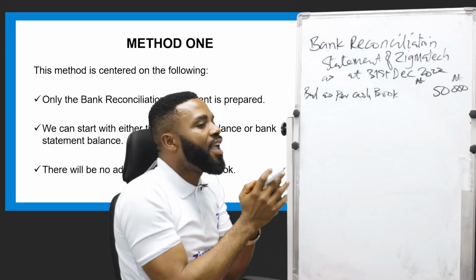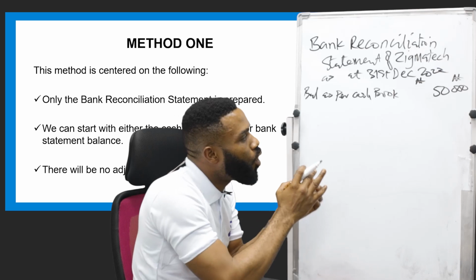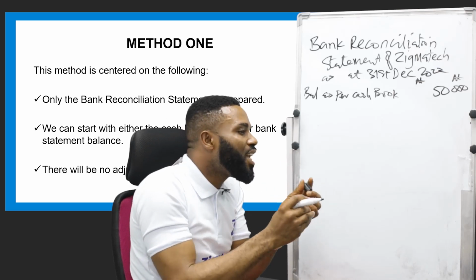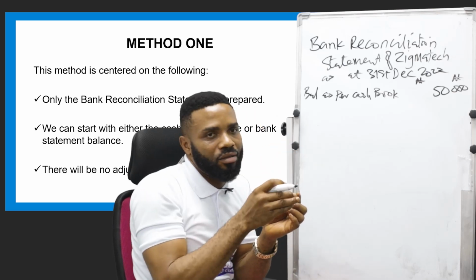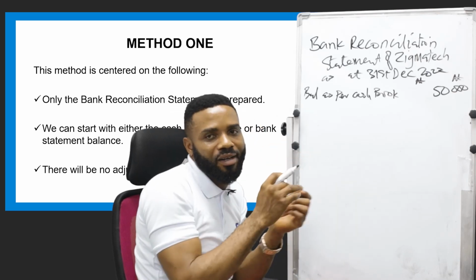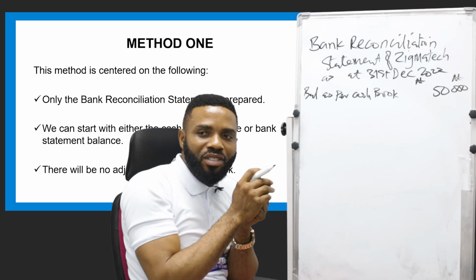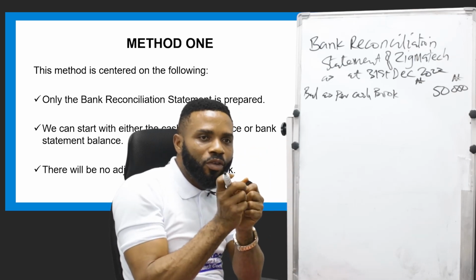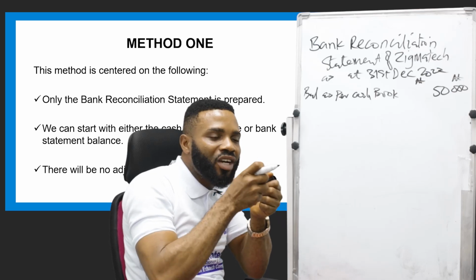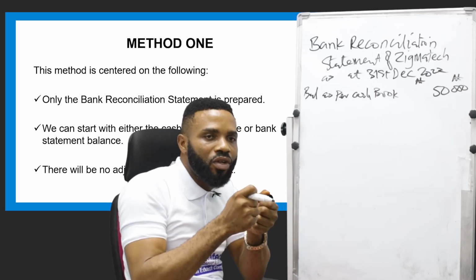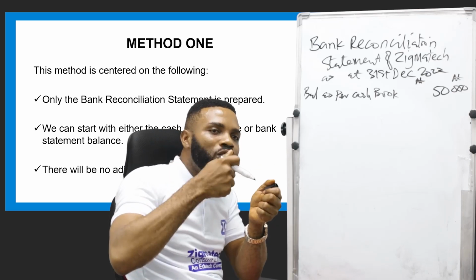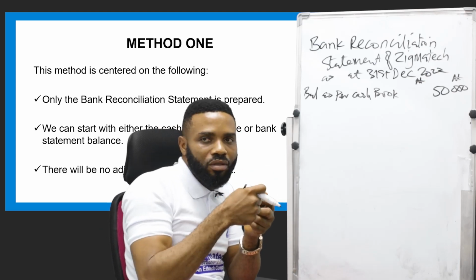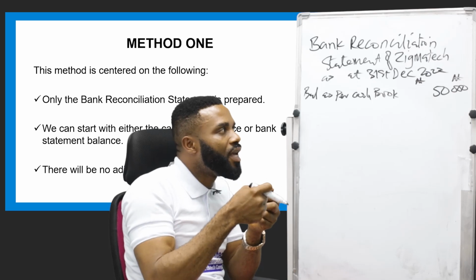And then because we are going to look at the cash book, what is expected of you is that every transaction that has gone out of the cash book that has not entered into the bank will be added back. I am saying that a transaction that has been credited to the cash book that has not been debited to the bank's account will be added back.